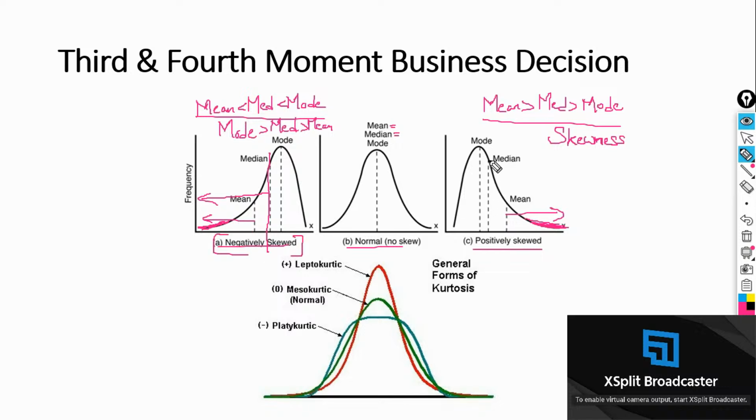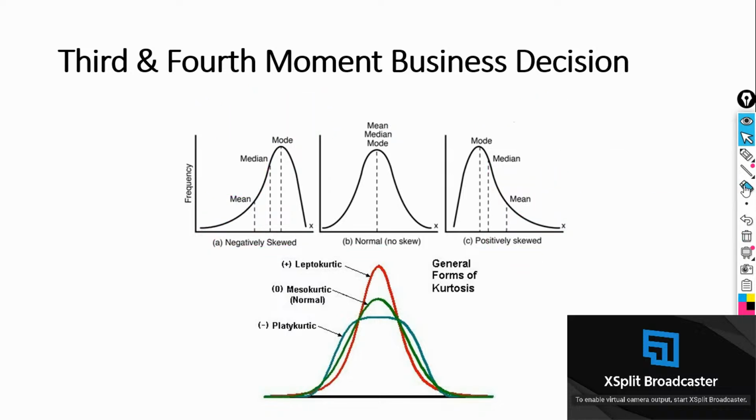And in plot 3, I take the center and see the long tail spread more towards the right hand side. So this is positively skewed data. Just remember these relationships. That's it. Done.